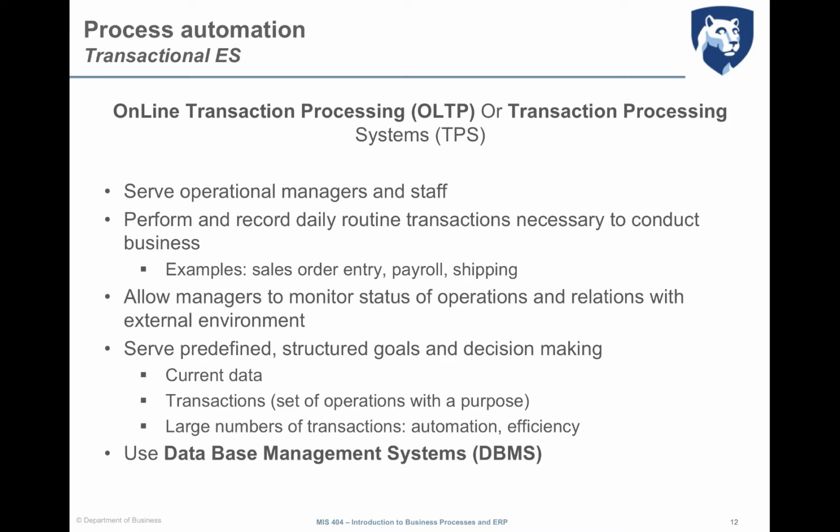Examples of transactions of operational processes are payroll, order entry, inventory picking, inventory check, invoice receipt, and so on. All of this are examples of operational transactions. So transactional enterprise systems, or OLTP, record in what we call the company database management system all the transactions that happen daily in the company.